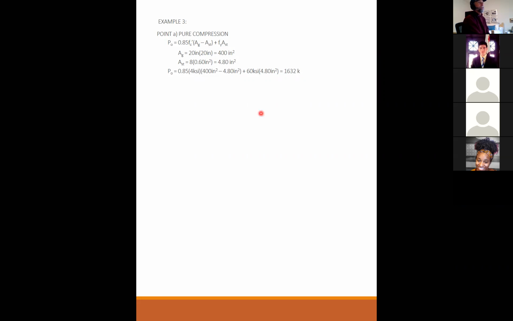All right, we're going to go through this. Pn is 0.8 P naught because this is a tied column, not a spiral column, so that's 0.8. So 0.8 times 1632 is 1305 kips. My phi Pn is 0.65 times Pn.